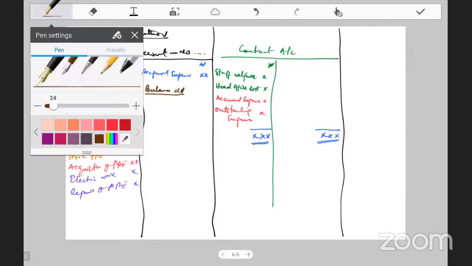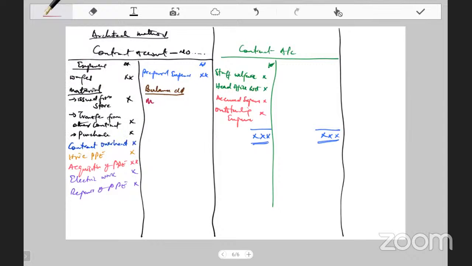Most of the items that you have not utilized is your material. You always have your material balance brought down. Most times, these are the materials at site. That means they are still on the site at the end of the financial year.